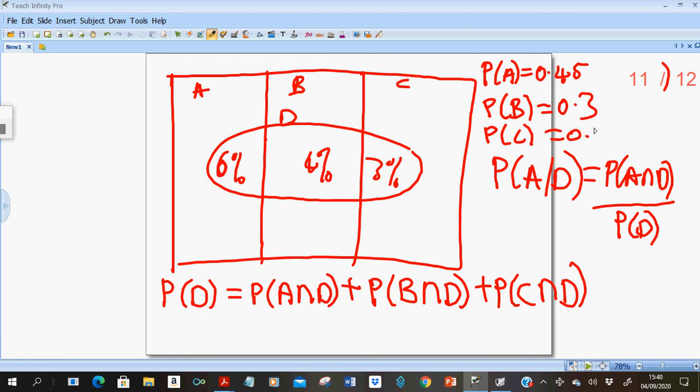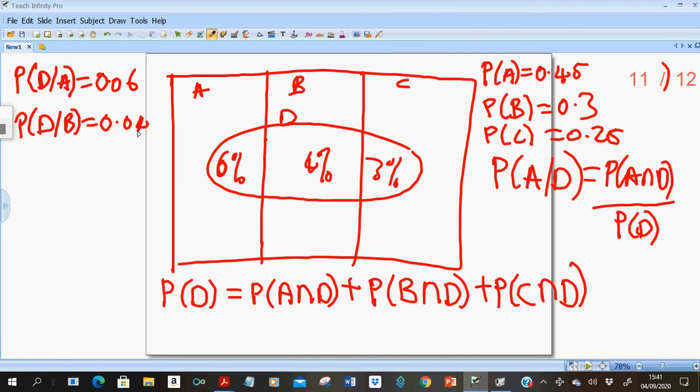Okay, then we are also given the probability that a component is defective given that it's coming from machine A is 6%, which is 0.06. And we've also been given the probability that it's defective given that it's coming from machine B, 0.04, which is 4%. The probability that it's defective given that it's coming from C is 0.03, which is 3%.